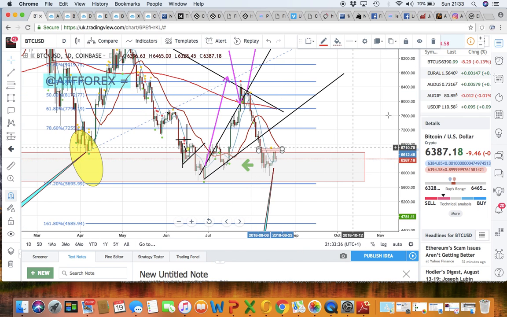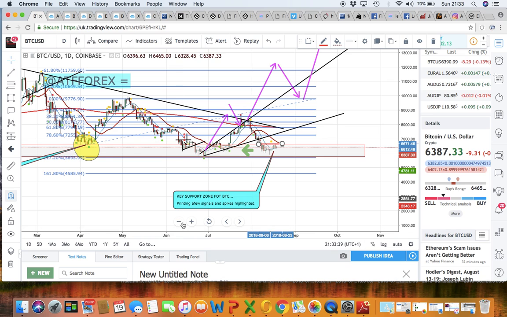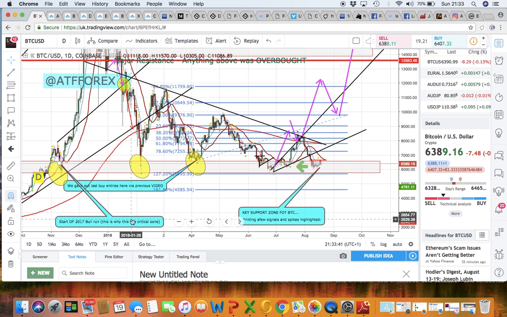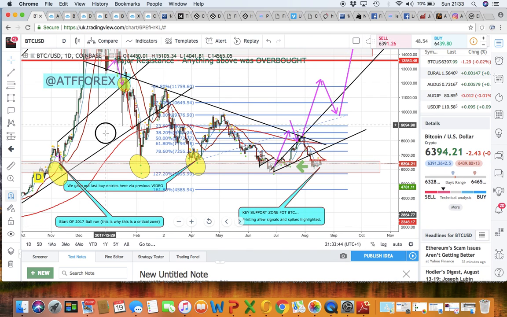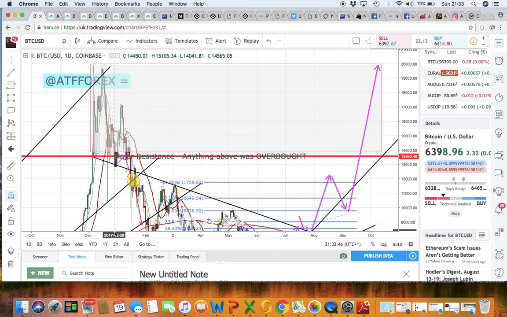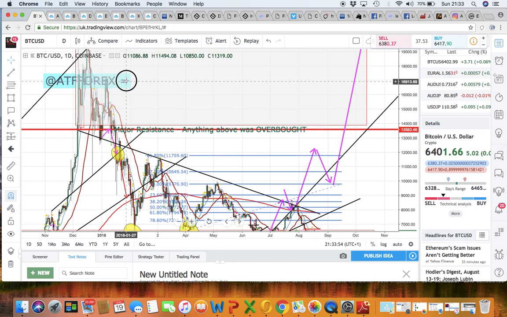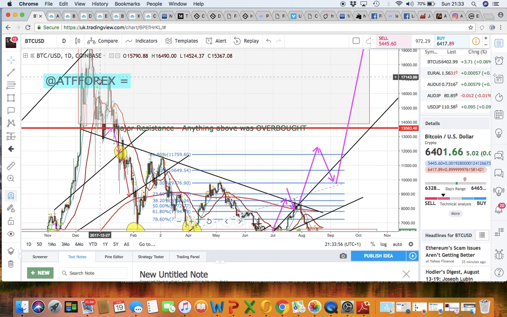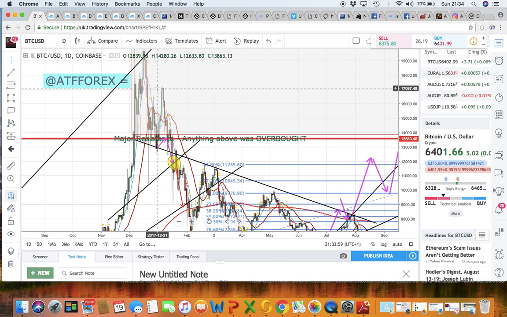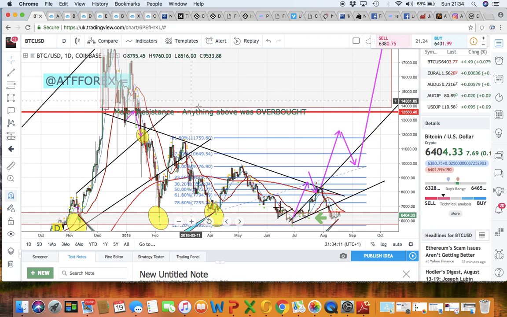If I go onto our daily chart for BTC and find 2018, you can see the first week in 2018 we had some consolidation, but since pretty much January, this is January here, on the 1st of January we were at around 15,000 for BTC, spiked up to 17,000, but since then we've literally just gone all the way down.